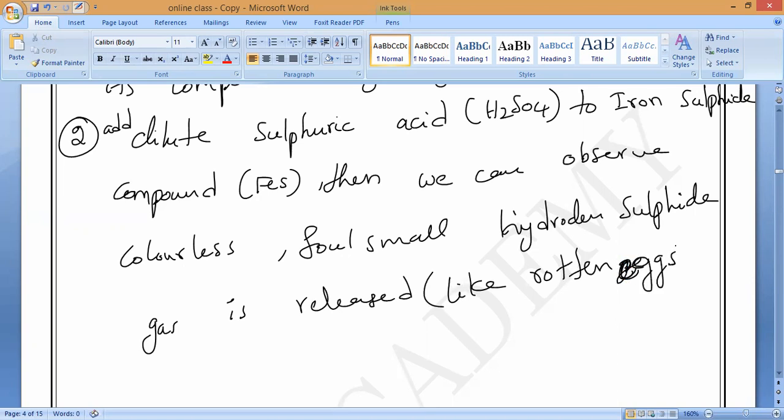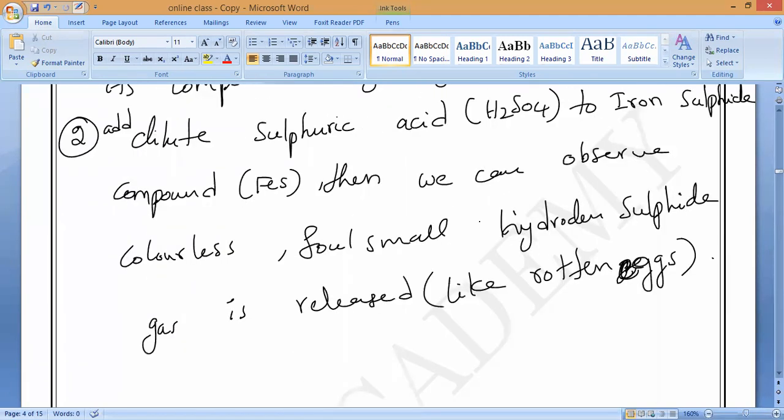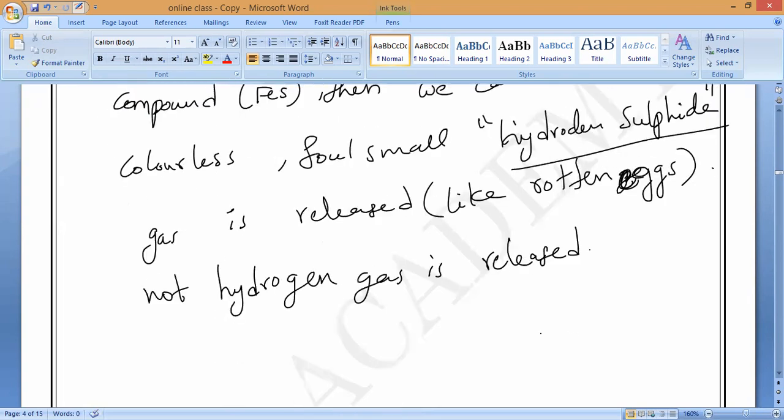Is it okay, all of you? In this reaction, which gas is releasing? Hydrogen sulfide. Remember that, not hydrogen gas. Which gas is released? Hydrogen sulfide. MCQ is most important.